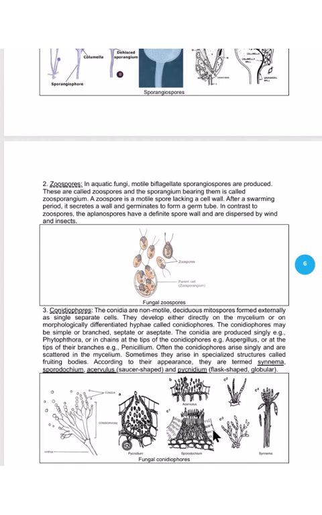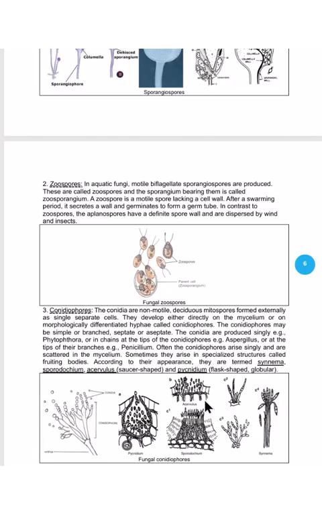These conidiospores are carried in different shapes of conidiophores. Conidiophores differ just in shape, but they carry the same characteristic conidia, and these are non-motile spores.